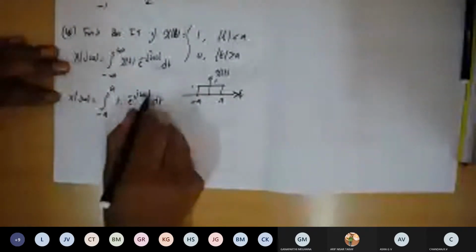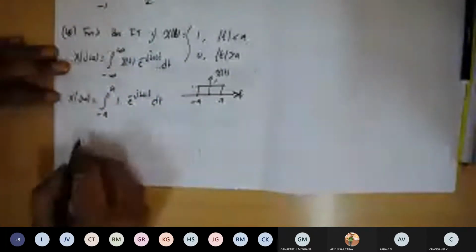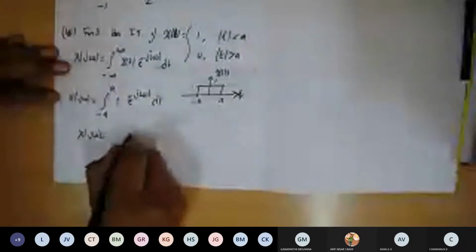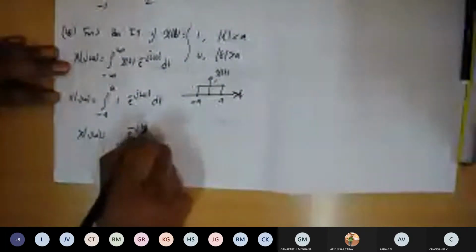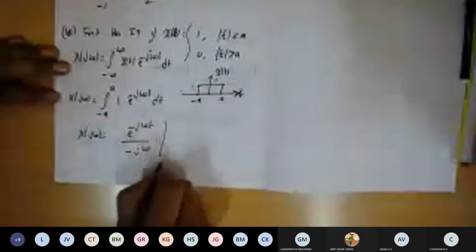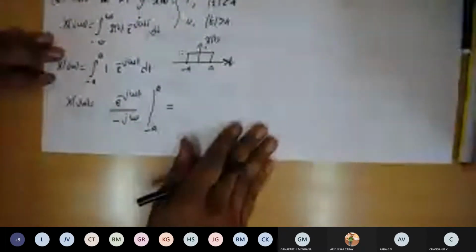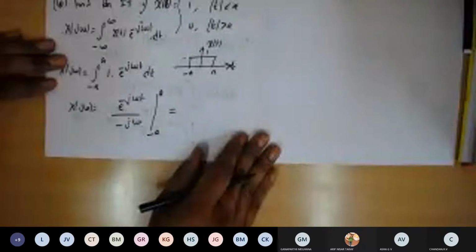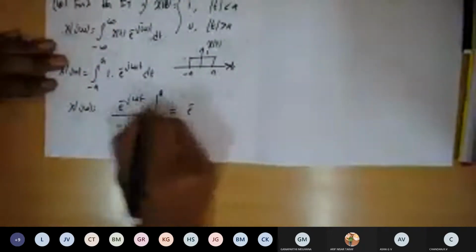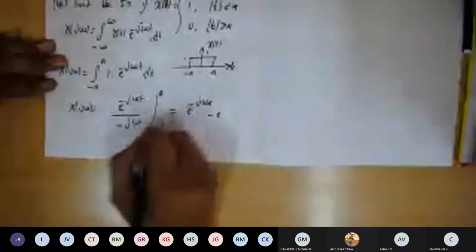Now we know the integration of e to the power of minus ax is e to the power of minus ax divided by minus a. Let us integrate here. So X of j omega is equal to e to the power of minus j omega t divided by minus j omega, with the limits from minus a to plus a. Now let us apply the limits: the upper limit minus the lower limit.